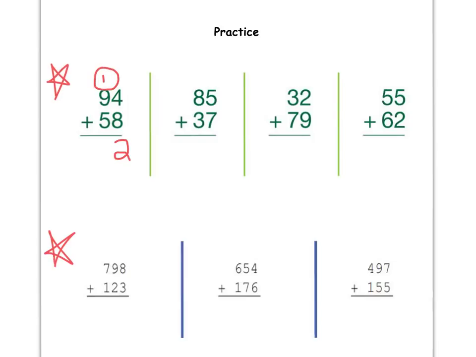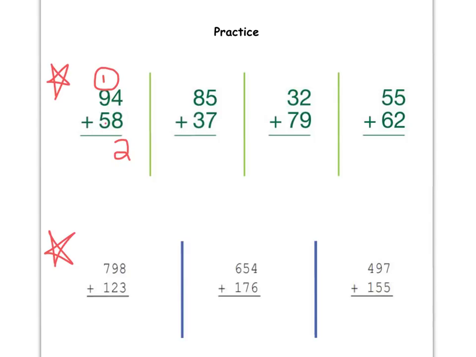So now I'm going to add 9 plus 5 plus the one that I carried over. I know that 9 plus 5 is 14, plus the one that I carried over. So 14 plus 1 is 15.